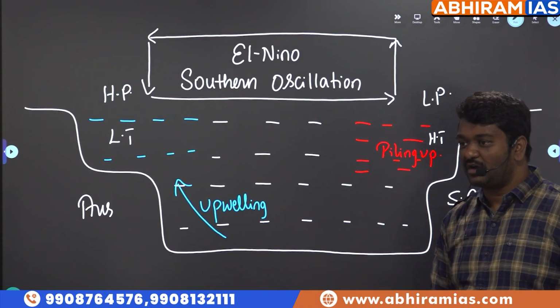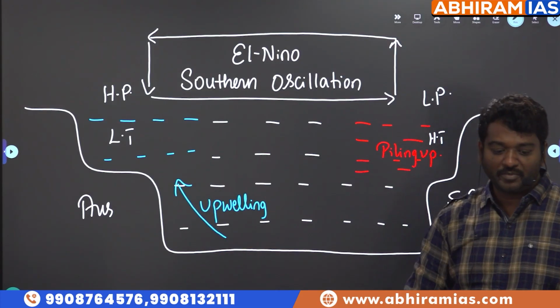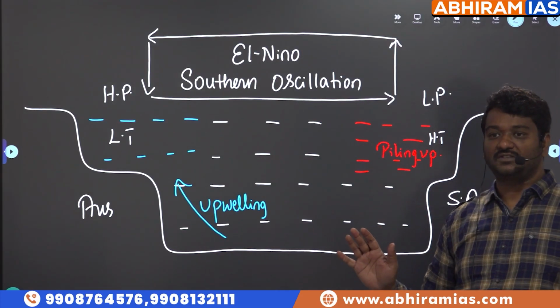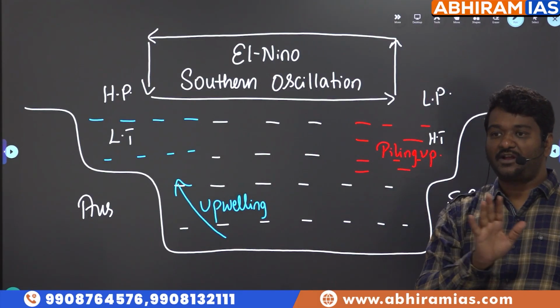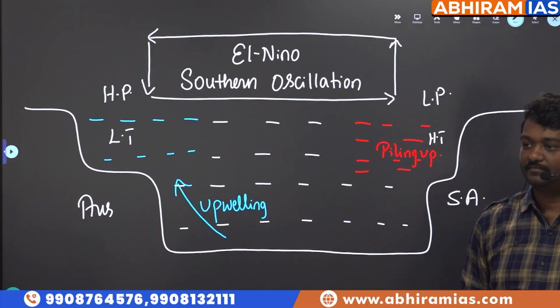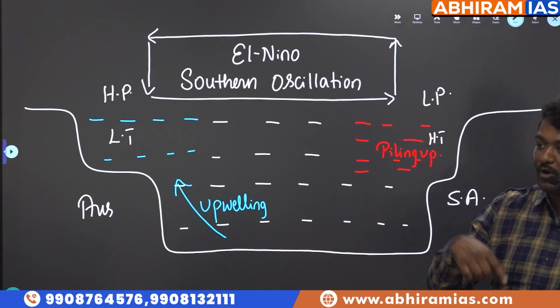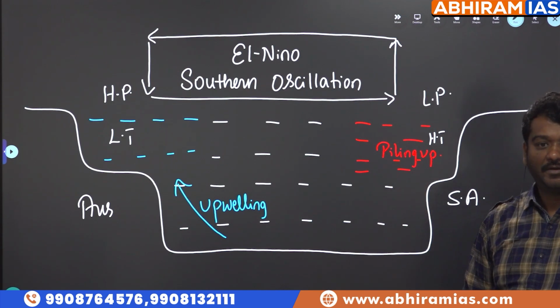Is it same as Walker circulation or opposite to Walker circulation? Opposite. How do you remember in exam? Just remember this. Australia warm water, South America cold water. That is called as Walker circulation. Opposite to that is called as what? El Nino. Right?